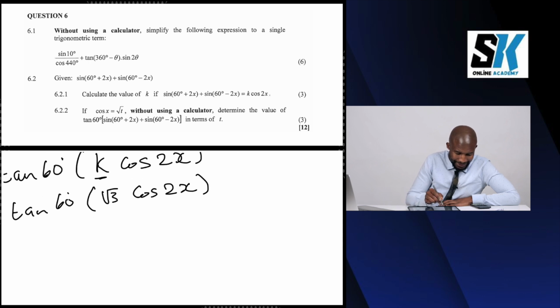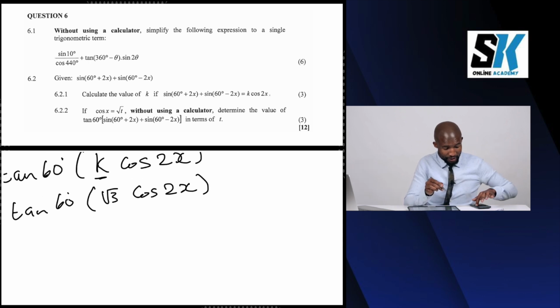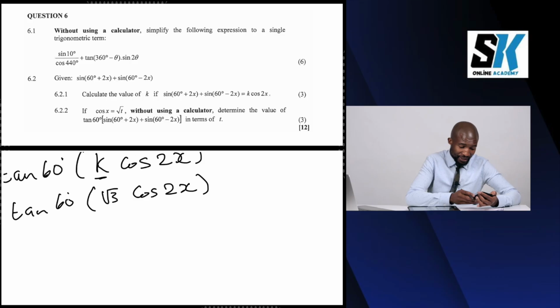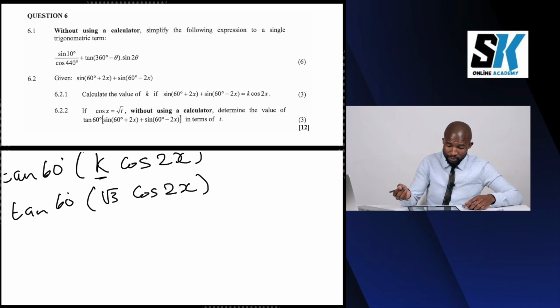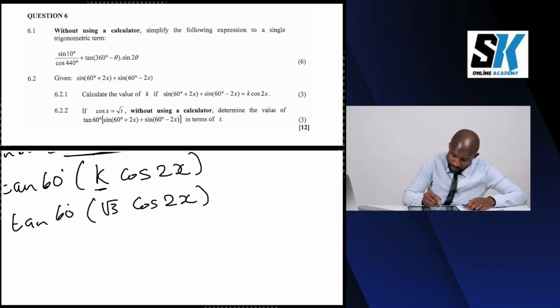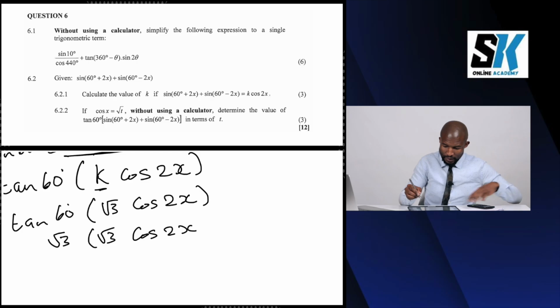And then tan 60, if you press on your calculator, or when you use your special angles, tan 60 is root 3. So that is root 3 times another root 3 cos 2x.